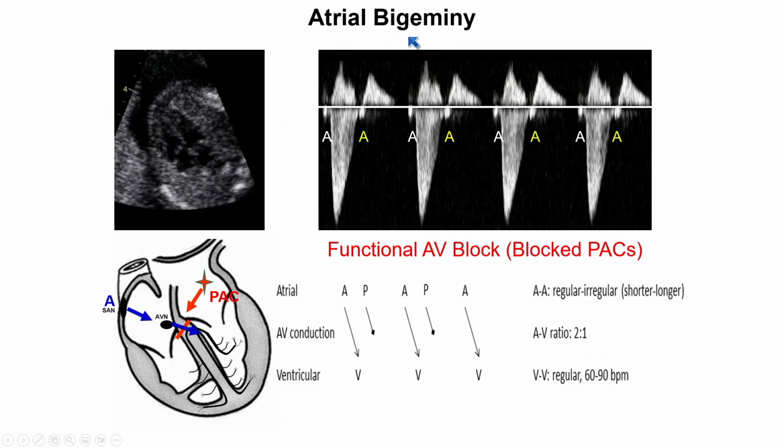A little bit more annoying sometimes is when they come with atrial bigeminy, because they can look like complete heart block or 2-to-1 block. The main difference is that the atrial intervals are regularly irregular. So this is short, that's the premature beat, not conducted, long, again short, long.